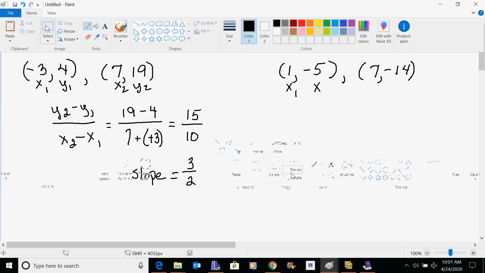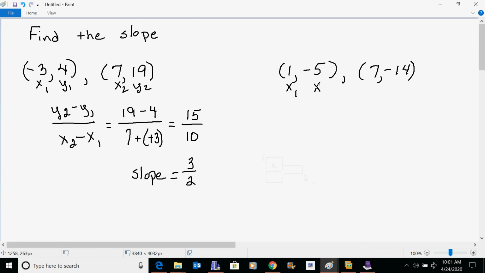Here we go, there's my eraser. Two x's don't go together. You have an x and a y. So let's make sure that you're careful. That's a very common mistake that people make. So we had to see it. You need to make sure you're doing an x and a y in each one of the ordered pairs.